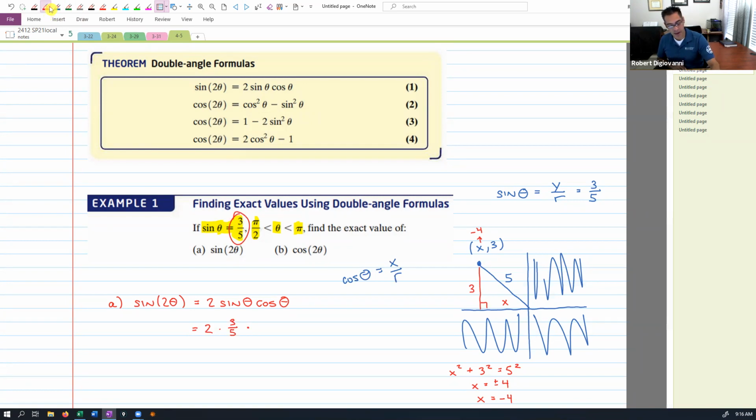For us, that is -4 over 5. Now I just look at these as fractions and multiply straight across. So I've got 2 times 3 times -4, which is -24, on top, and 5 times 5 is 25 on the bottom. And that's my answer. Any questions?